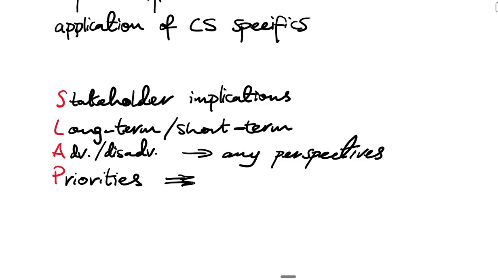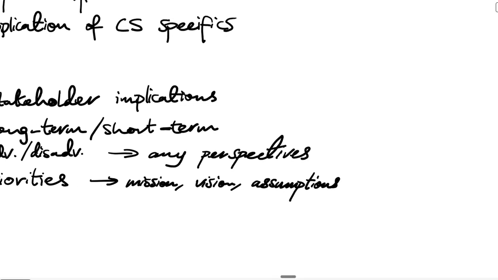So we can say, let's look at the mission, vision, assumptions that we have made, or the limitations of the case study, right? Mission, vision, assumptions, any challenges they've endured.